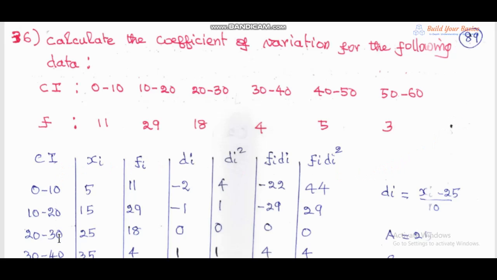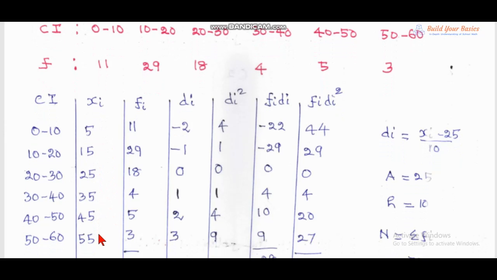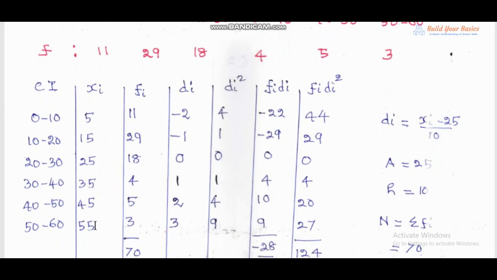The mid-x, that is the midpoint of class intervals: 0 plus 10 by 2 is 5, 10 plus 20 by 2 is 15, 20 plus 30 divided by 2 is 25 and so on. So the xi values are 5, 15, 25, 35, 45 and 55. The xi values increase by 10.